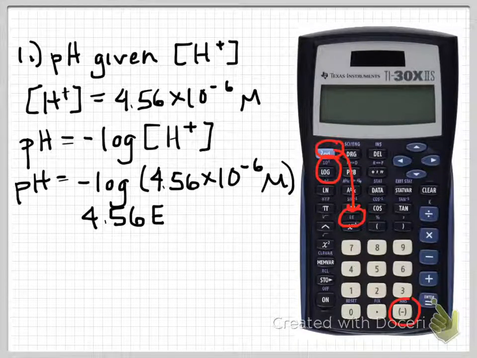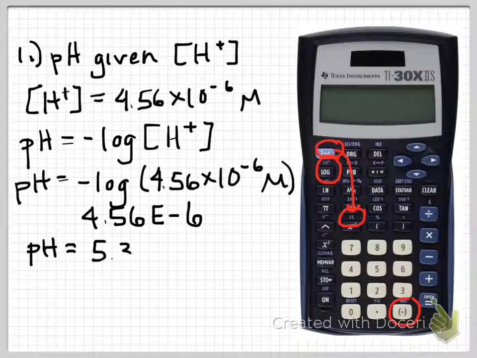And then again back to the negative key, and then 6. And you should get an answer of pH equals 5.341.